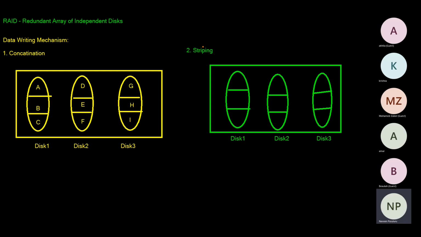Here we have another thing called a stripe. What is a stripe actually? Normally every disk has multiple blocks, right? We'll call the blocks across all the drives in a single pool a stripe.